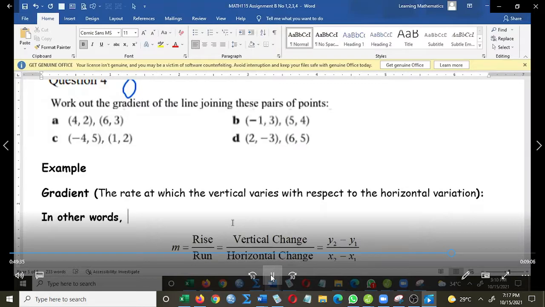I will give some help. In other words, when it is rising or falling. When it rises or falls.